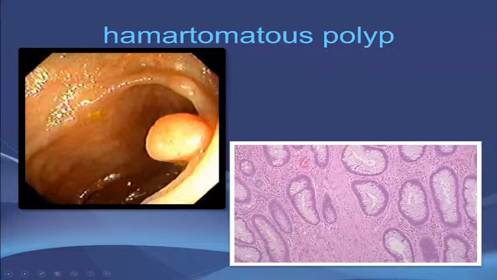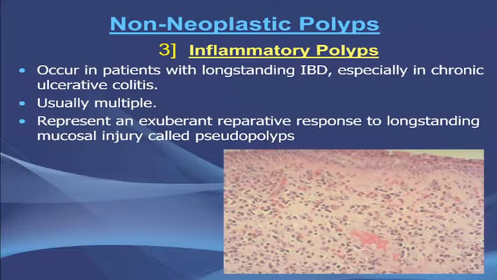Inflammatory polyps, the other example of non-neoplastic polyps. And as we said earlier, they occur in patients with long-standing inflammatory bowel disease, especially chronic ulcerative colitis. They may be multiple and represent an exuberant reparative process in response to long-standing mucosal injury.